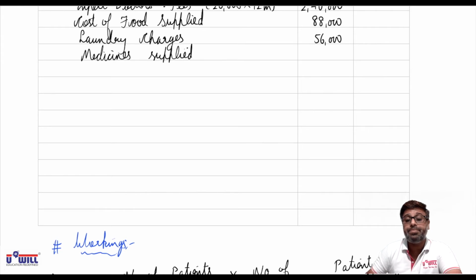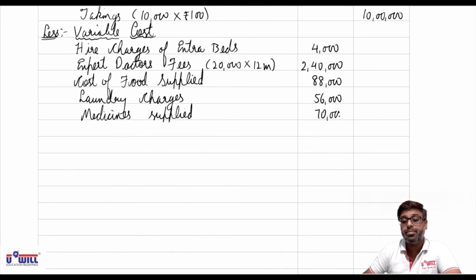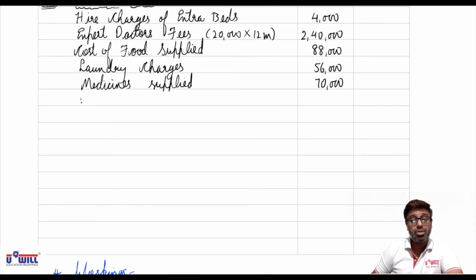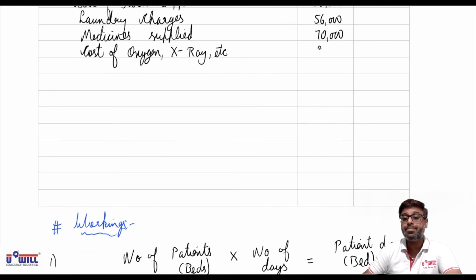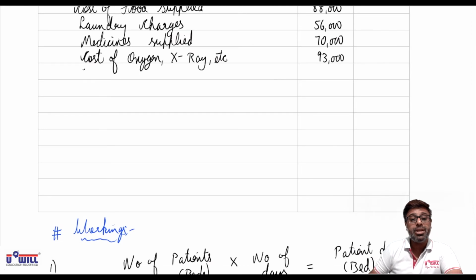Then after medicines supplied, we have cost of oxygen, X-ray, etc., 93,000. Then janitor expenses, we have 24,000.